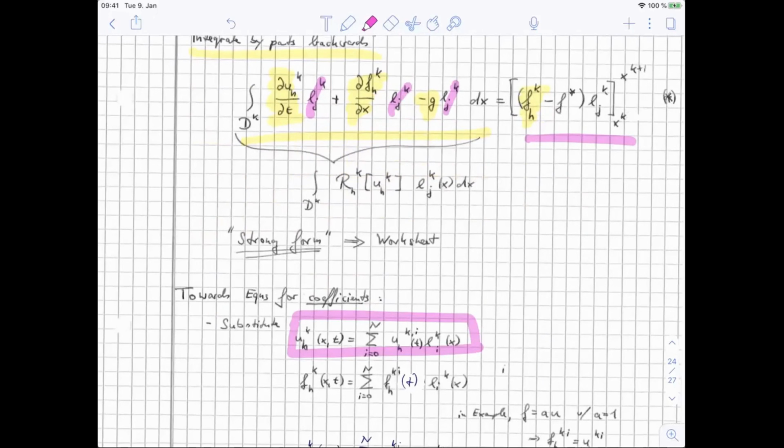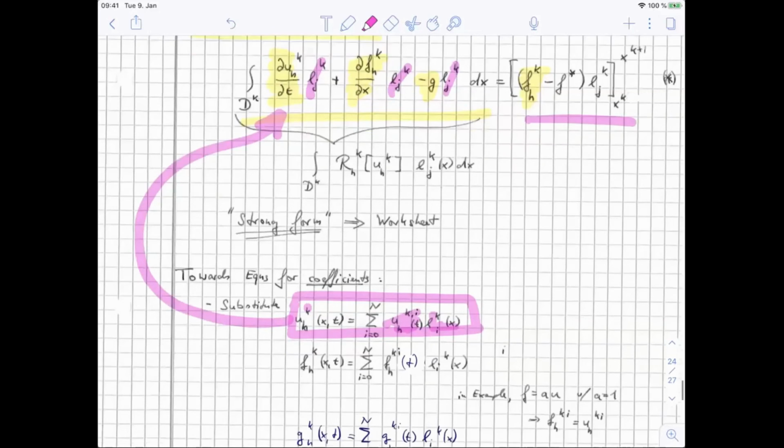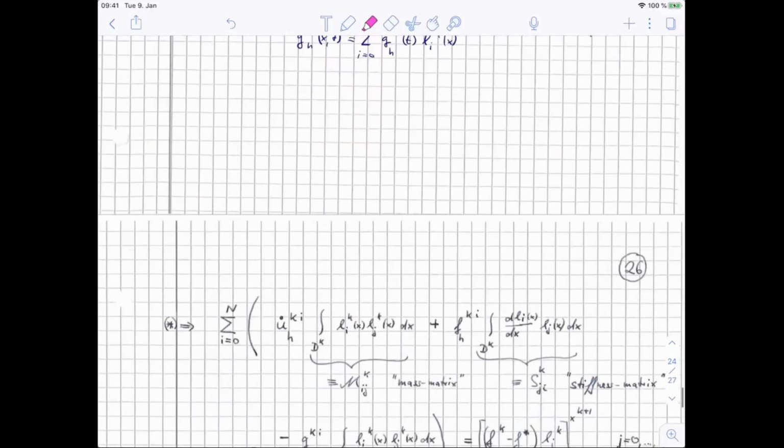So h on the kth element is a sum over expansion coefficients times basis functions. This term will go in here into the time derivative term, and it will show up as a time derivative of the coefficient in the next line.